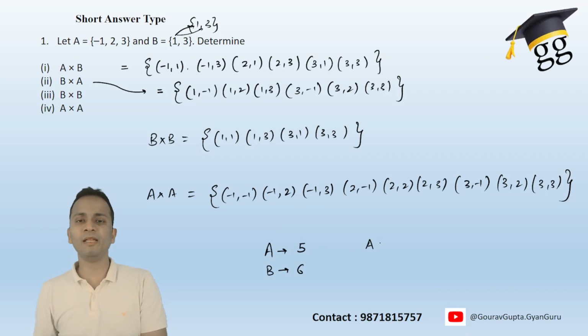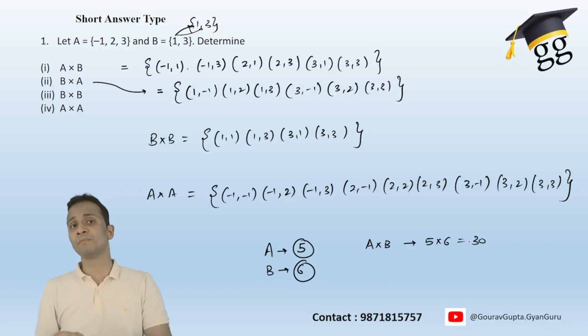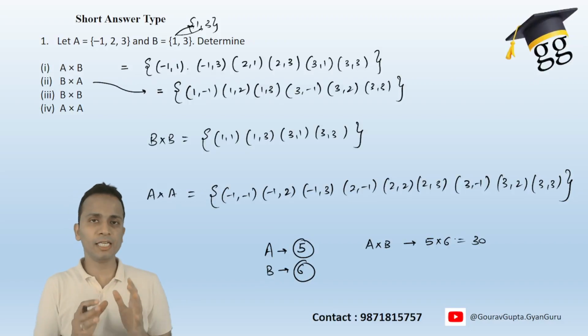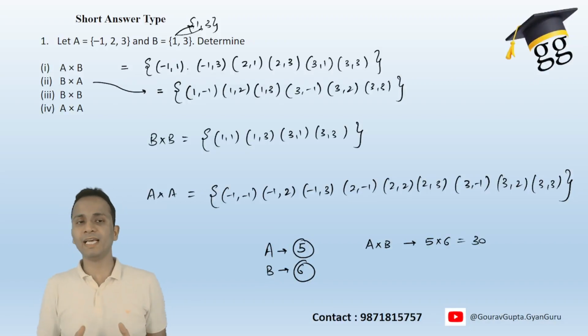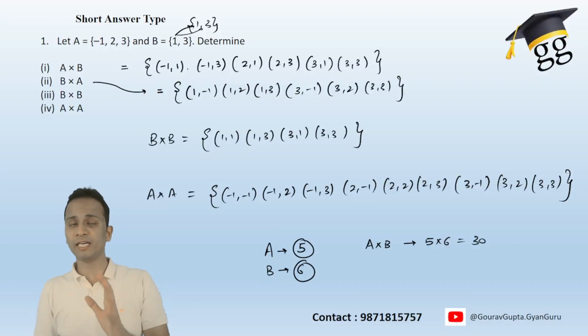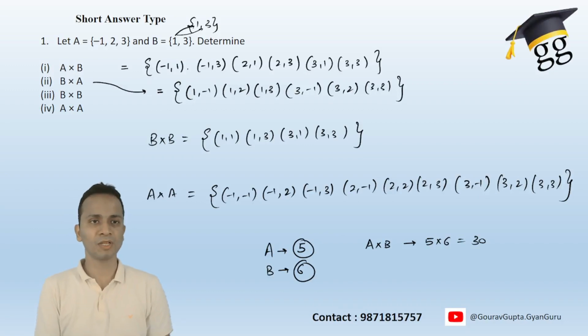So the number of elements in the Cartesian product A cross B will be the product of the number of elements of A and B respectively. So it will be 5 into 6, that is 30. So there will be a total of 30 ordered pairs. There will be a total of 30 elements in the set of the Cartesian product of A and B, right? So this is one very small thing that you need to keep in mind while you are solving these questions.